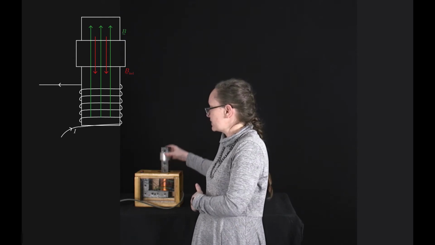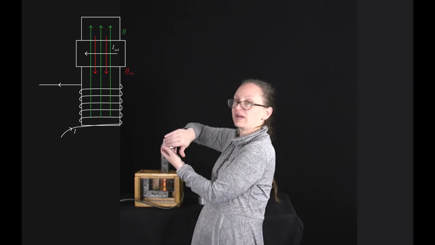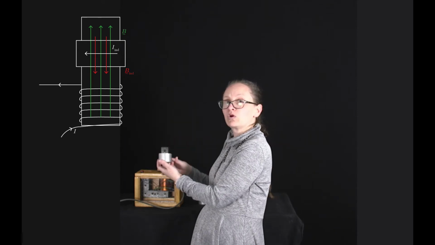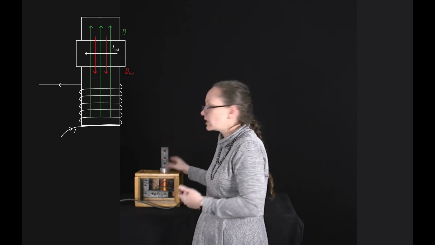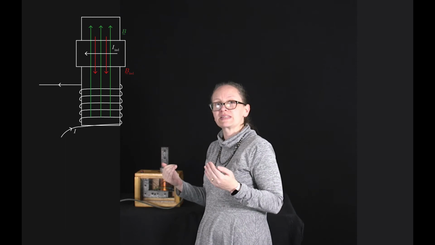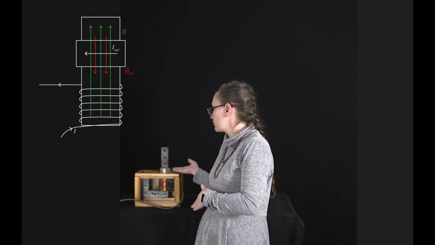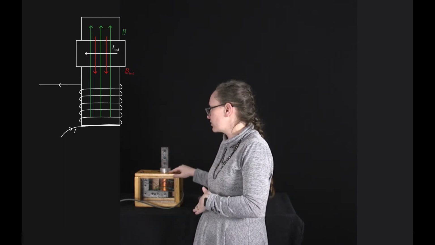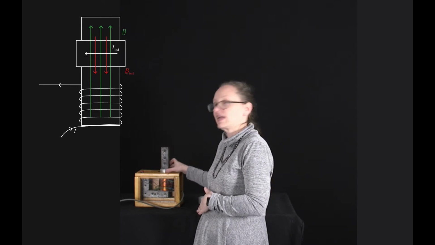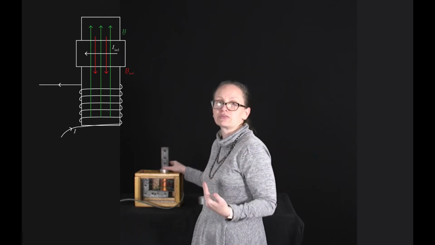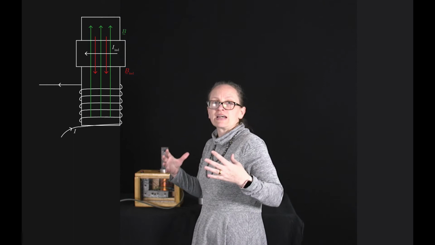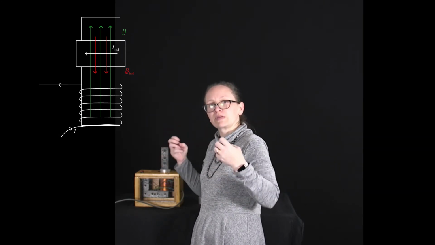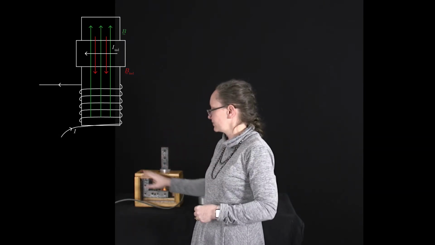So in this case, we have a current flowing around the ring, which should create a downwards magnetic field. So we've now got two opposite magnetic fields, the one traveling upwards from the solenoid and the one going downwards through this metal ring. That gives us a repulsive force between these two magnets.